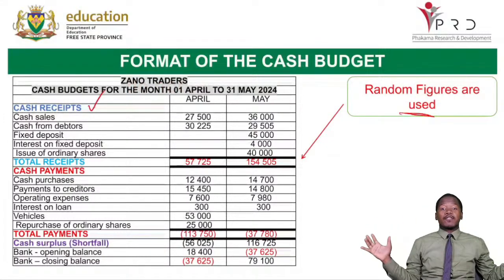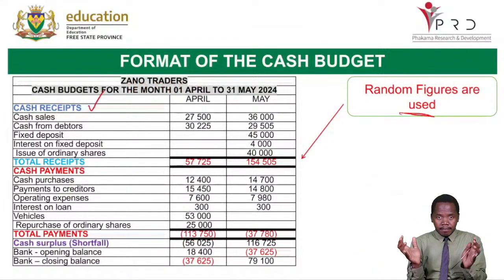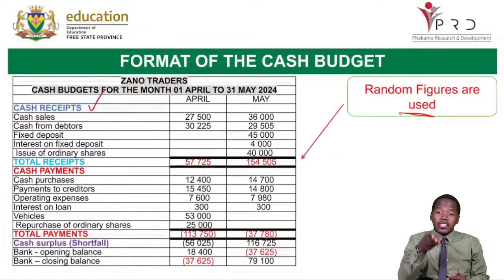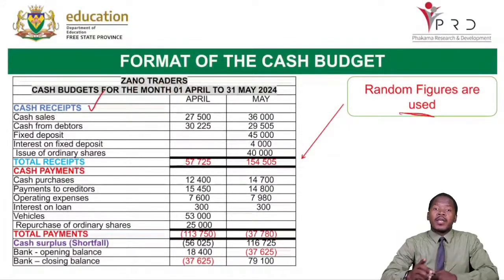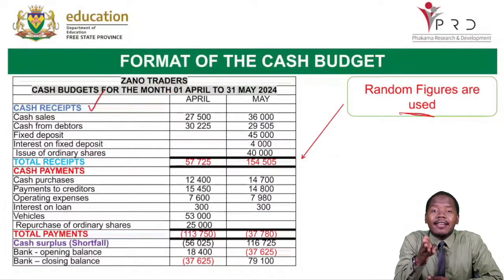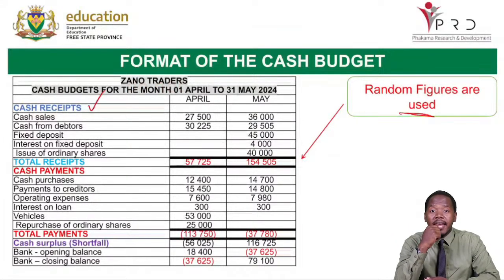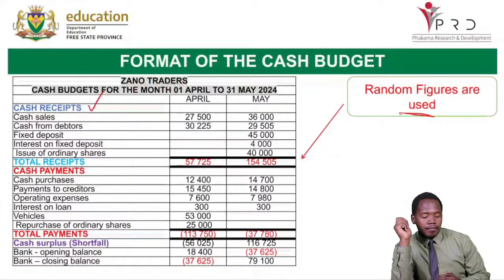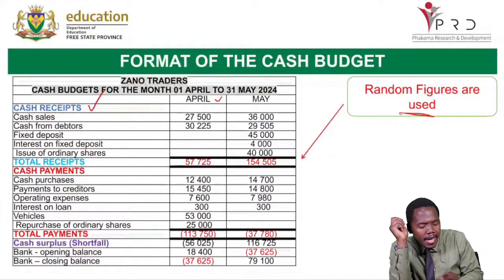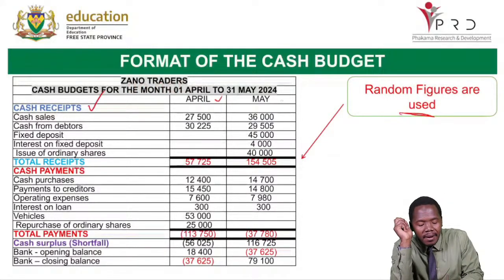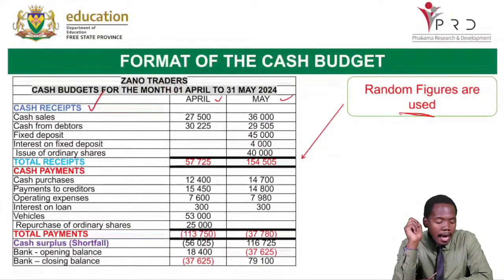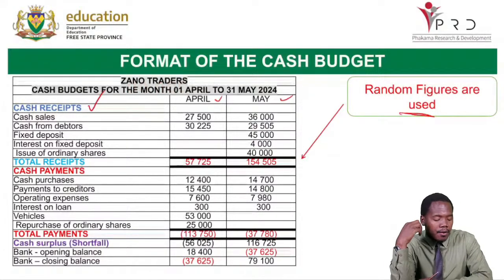Normal income statement is for 12 months, but the projected income statement is for each and every month, meaning we are planning monthly. We are not planning yearly, meaning there will be plans for April, plans for May. These are plans. It's what we are planning for.